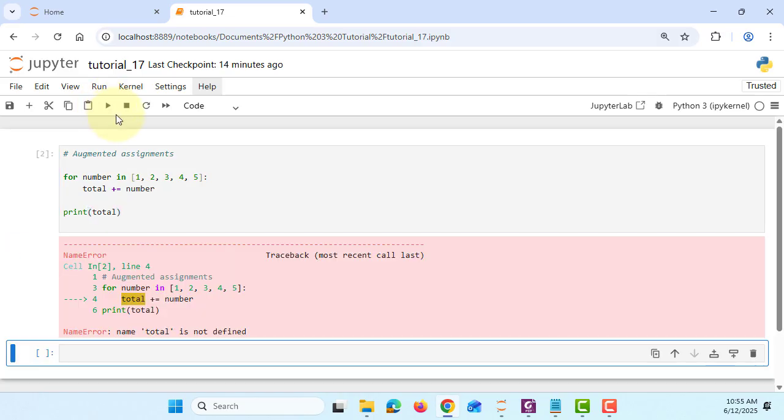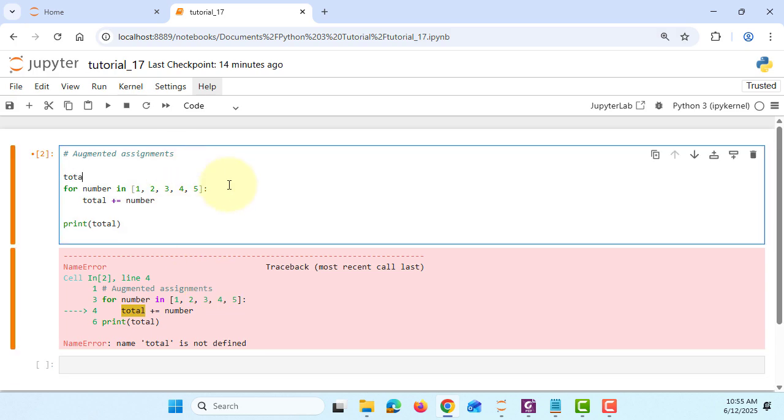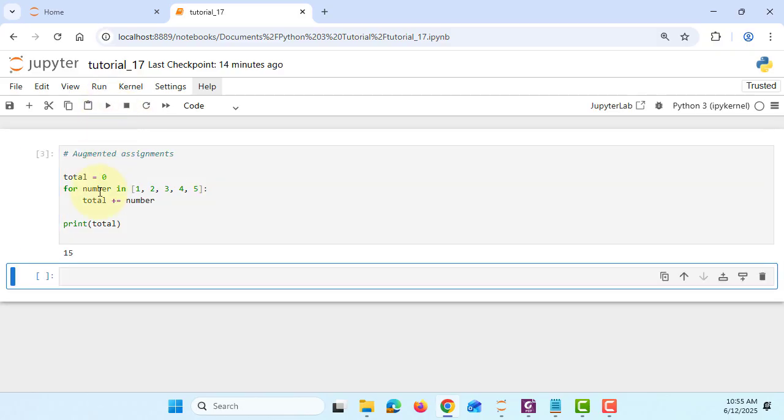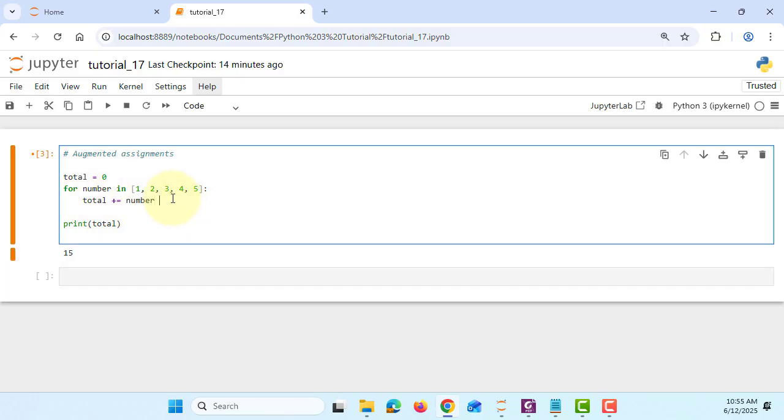So once you learn it, okay, most recent call: total is not defined. Sorry. So we define the total. Then what it does is exactly the same as total equals total plus number.